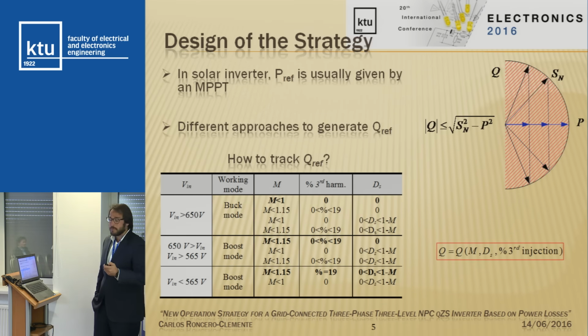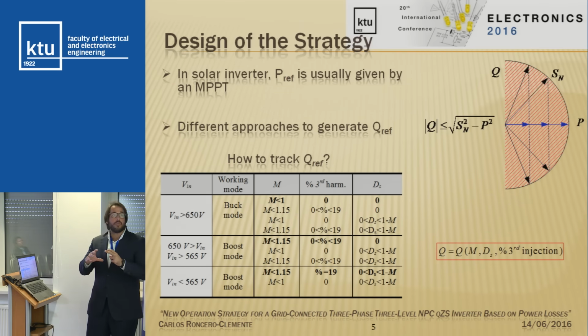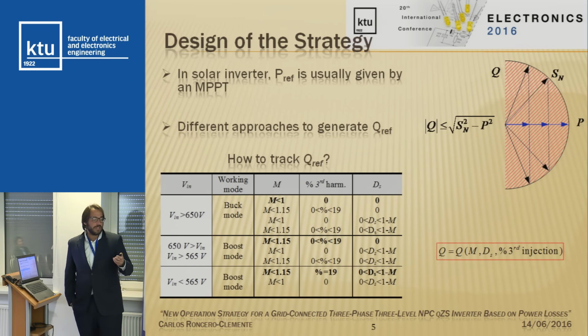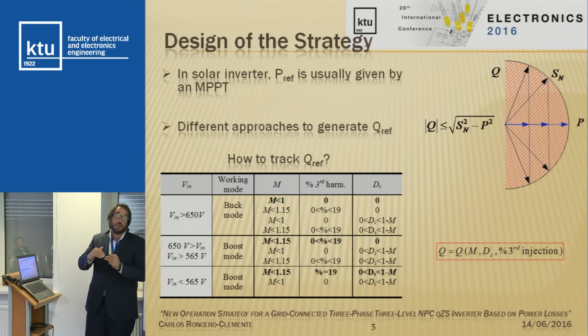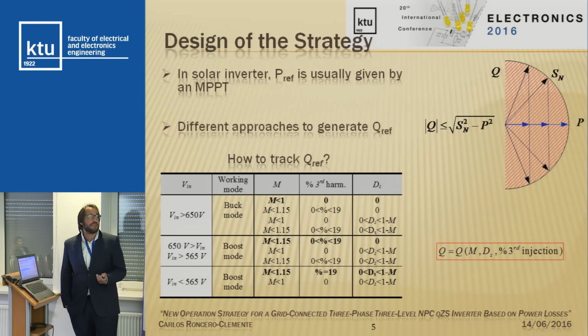As we have seen in the previous slide, we have different degrees of freedom, and we have divided the operation range depending on the input voltage. The input voltage can be higher than 650 volts, in which case we work in buck mode with our converter.